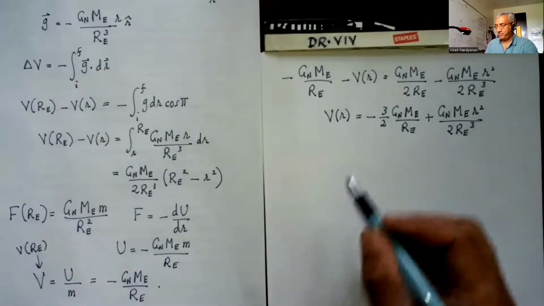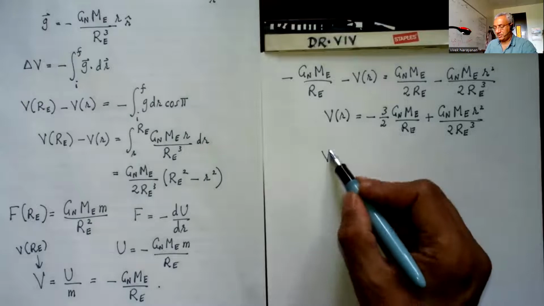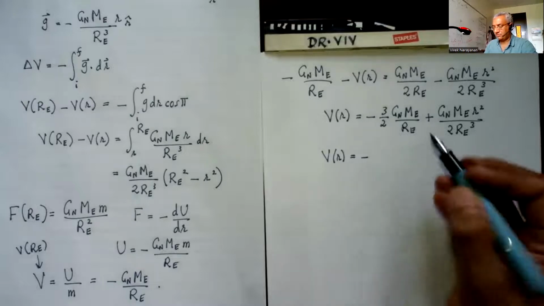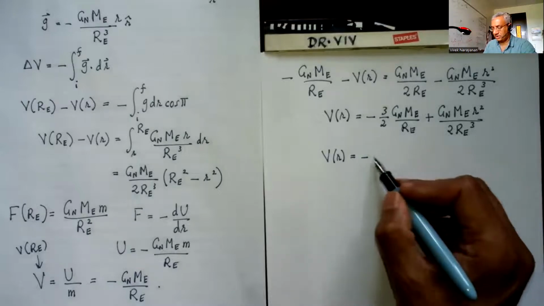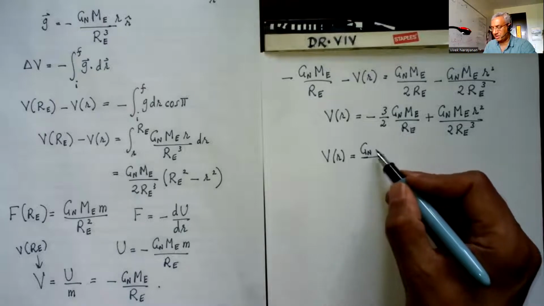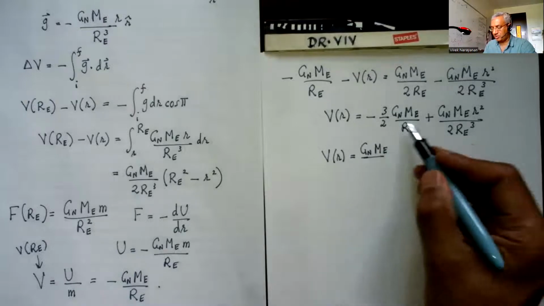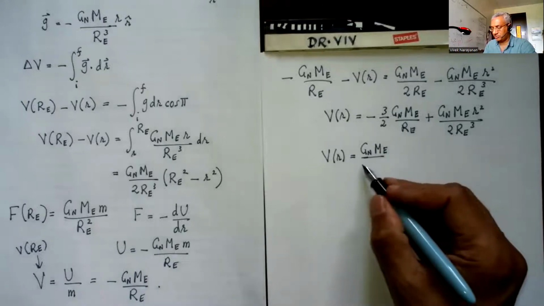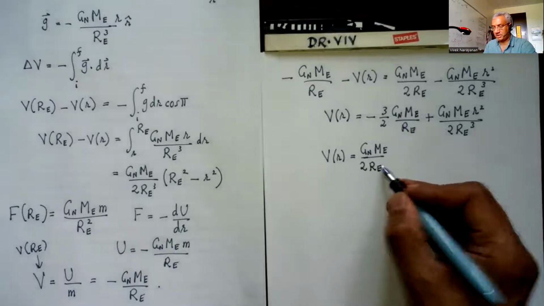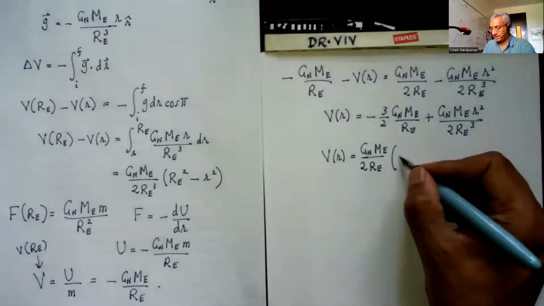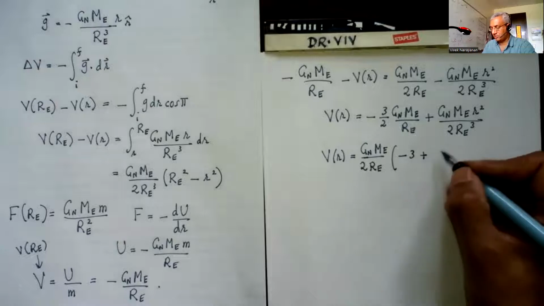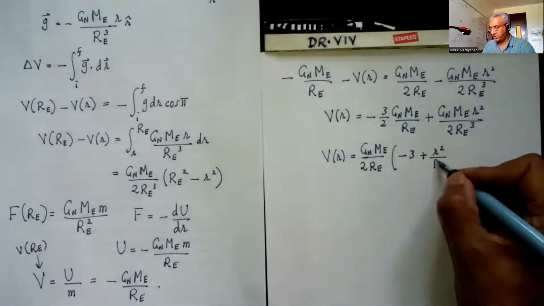So finally, we have our answer. Let me write this in a slightly compressed fashion. So no negative. That's G_N M_e common to both terms. There's a 2 that's common to both terms and an R_e that's common to both terms. And then I have negative 3 plus r squared over R_e squared.